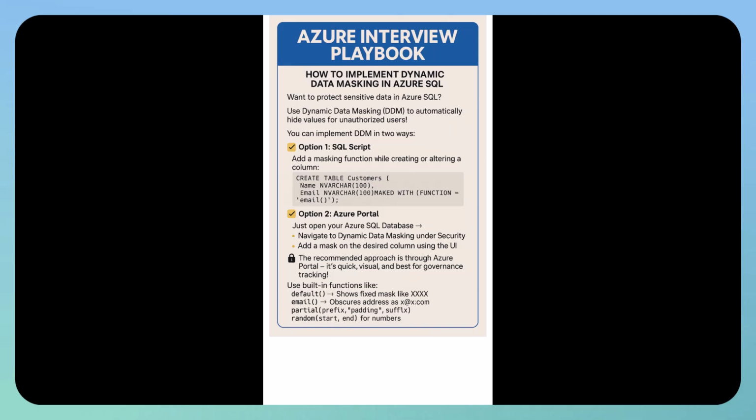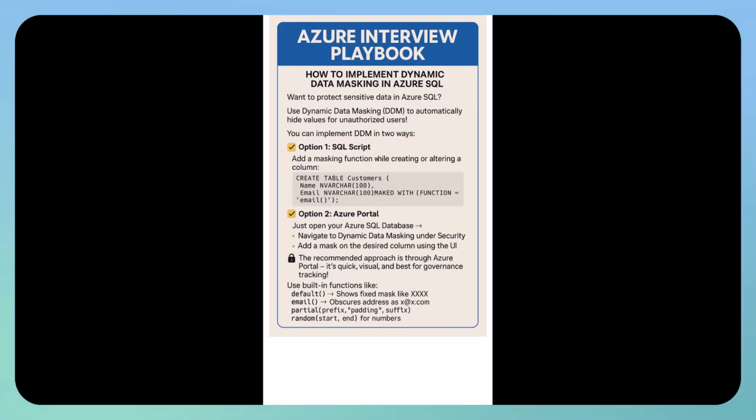So here for email, we are using a constraint called mask with a function email. Email is a built-in mask function. So when we create this table with this mask function, only privileged users will be able to see the plain email. Non-privileged users will see some special characters like star.